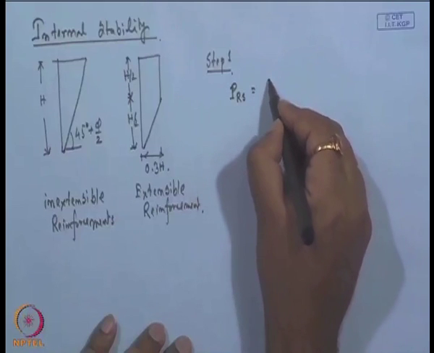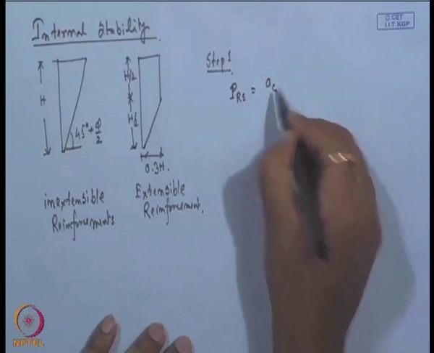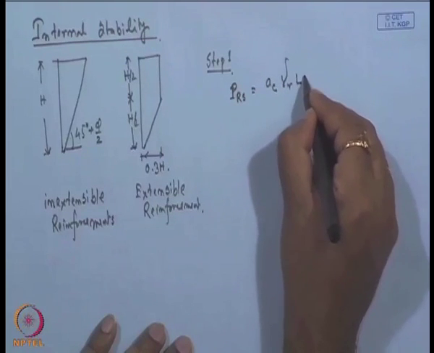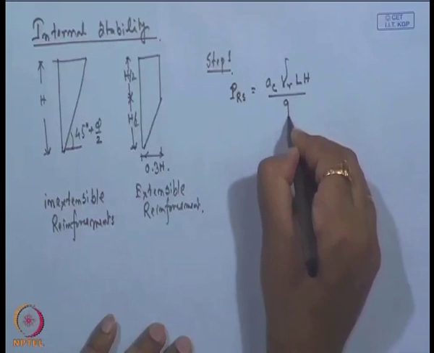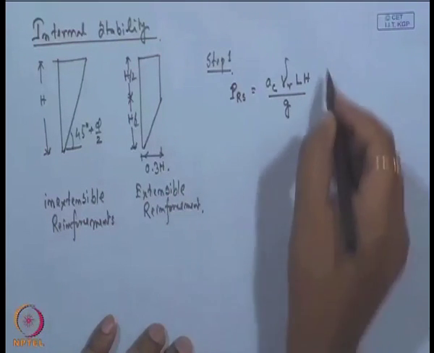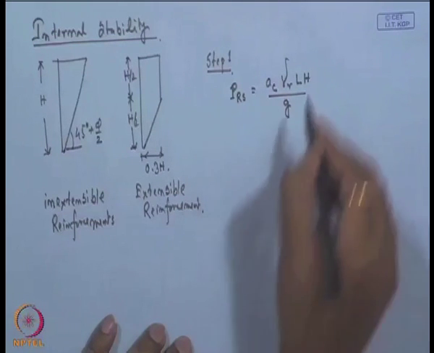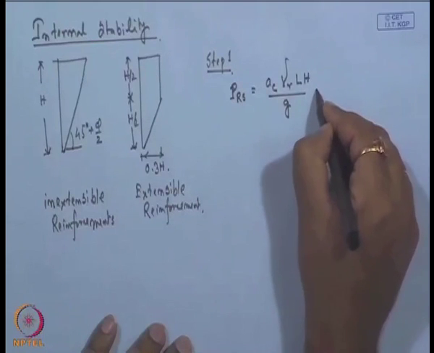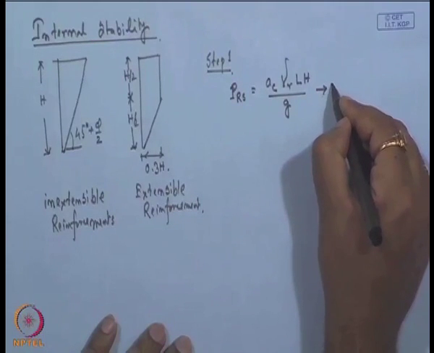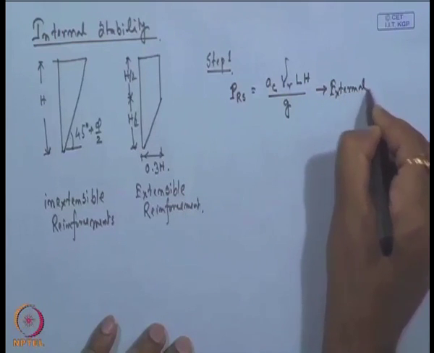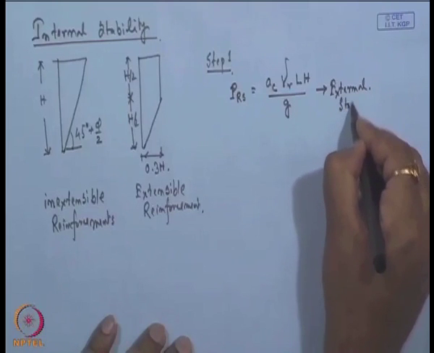That force we have already calculated: sigma A_C into gamma_R into L into H divided by g. This is the P_RS, that is our external design criteria, for the external stability check.